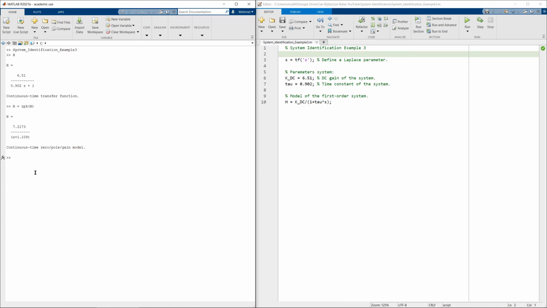So let's now do the step response for this transfer function, and also the Bode plot, and then we will see that we have the correct transfer function. So let's do that and plot this. Now it will take some time.